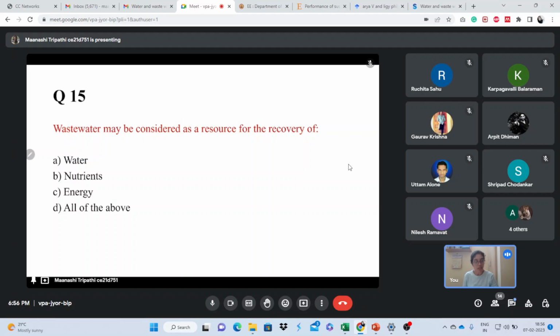There are many small treatment plants in India and abroad where the energy for running these machines comes from the treatment plant itself. Activated sludge processes are very highly energy intensive processes.